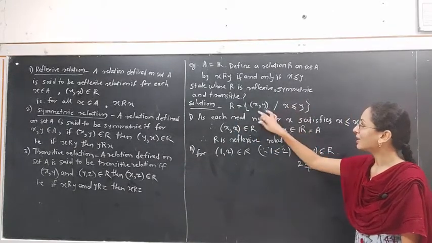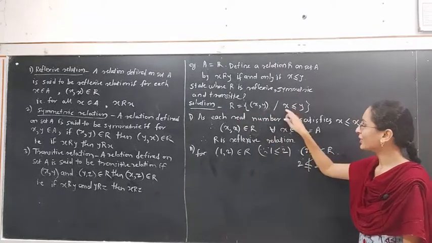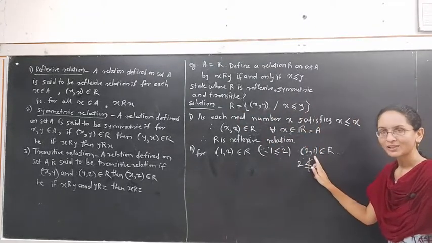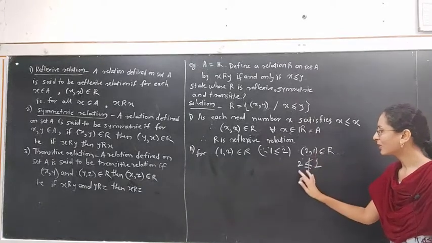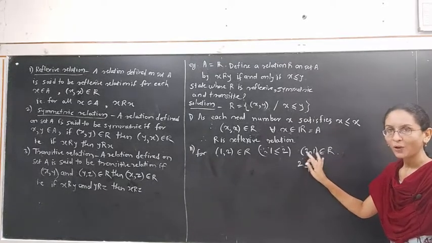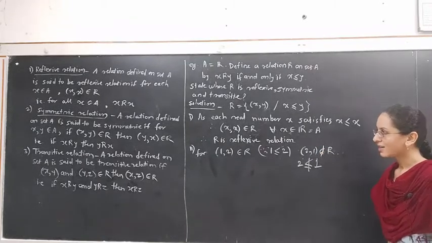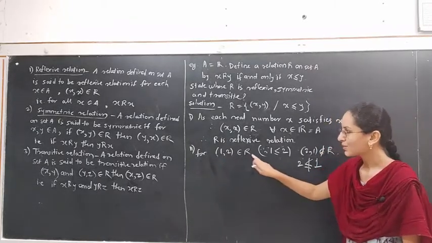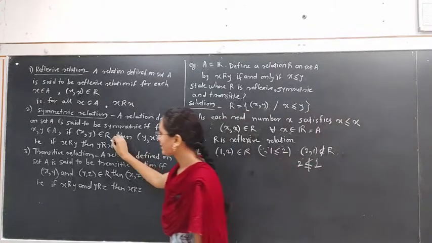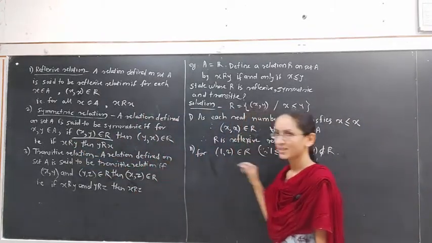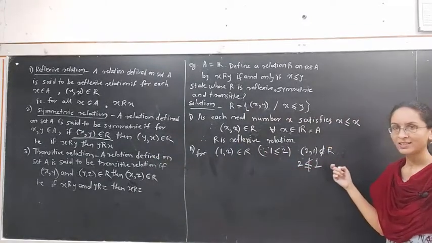In this example, (x, y) belongs to R if and only if x is less than or equal to y, but 2 is not less than or equal to 1. Therefore, the ordered pair (2, 1) does not belong to set R. Hence, if (x, y) belongs to R, then (y, x) does not belong to R in this case.